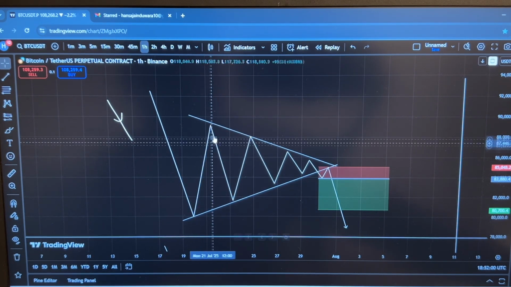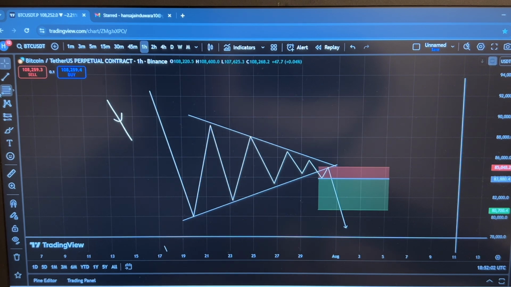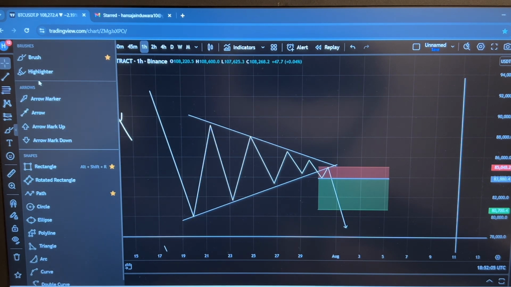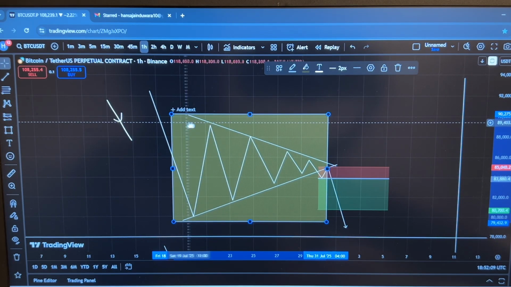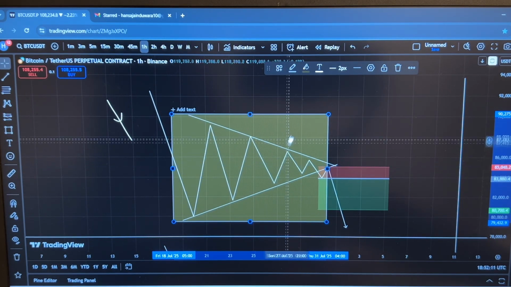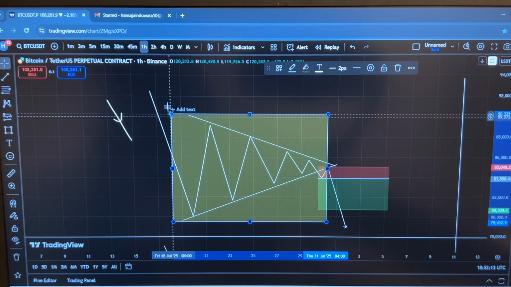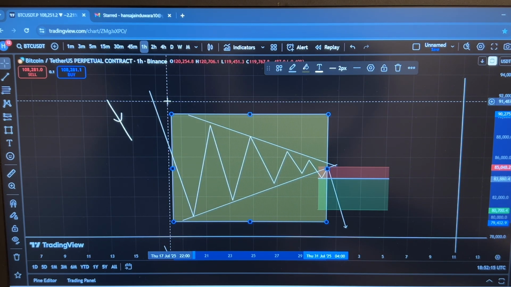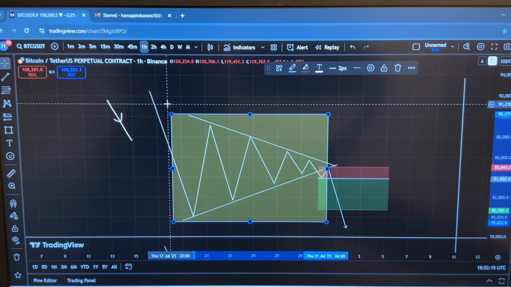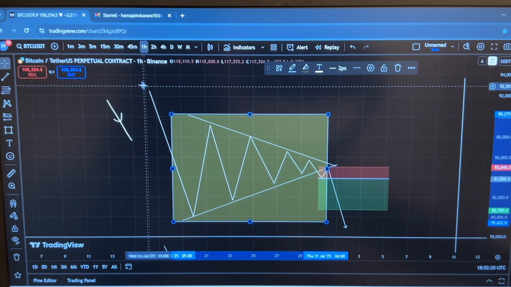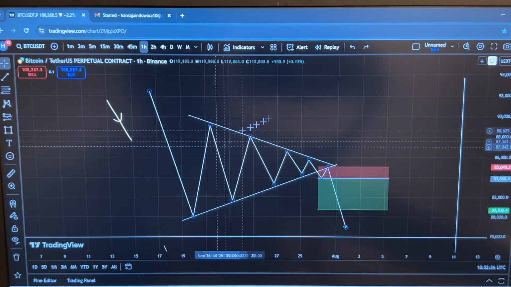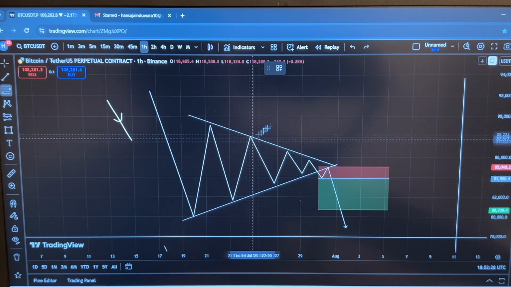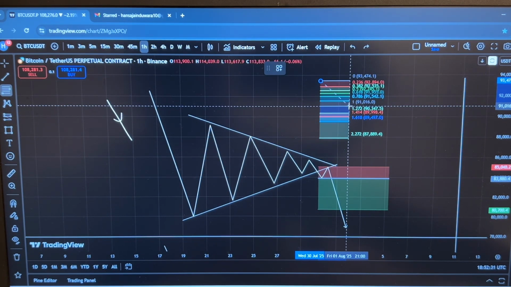As you can see, within this chart pattern there are no high highs or low lows. It's not respecting the initial downtrend. It's in its consolidation phase. So because of that, we are going to use Fibonacci.